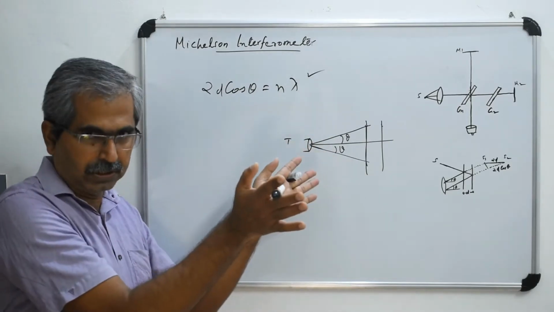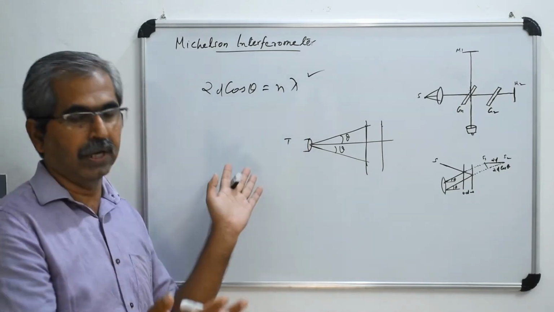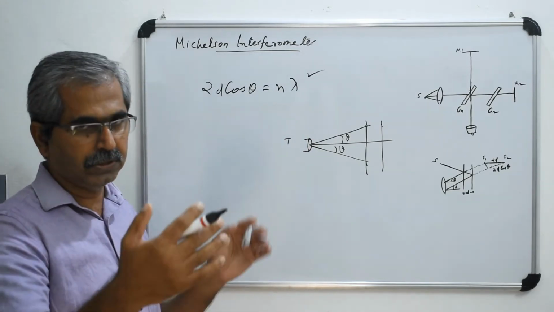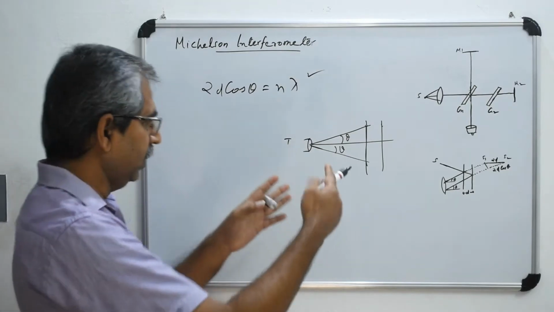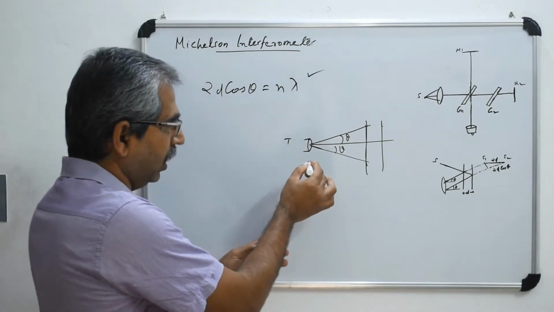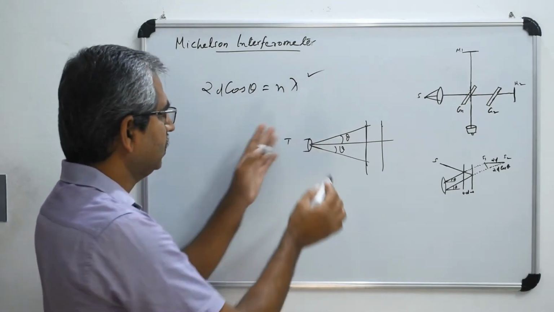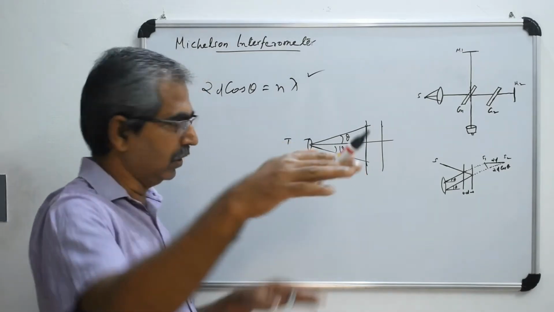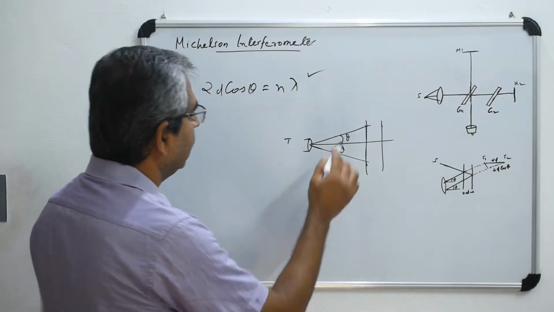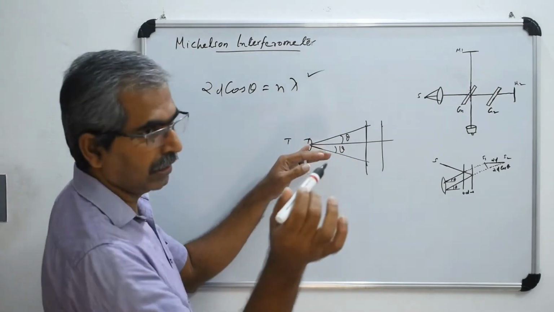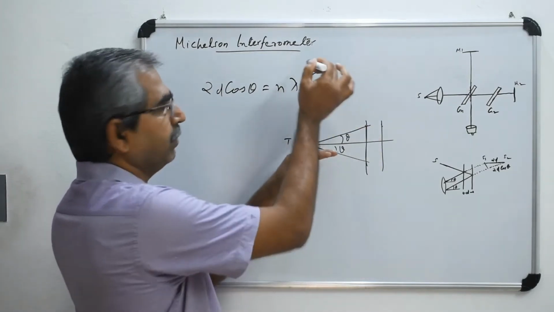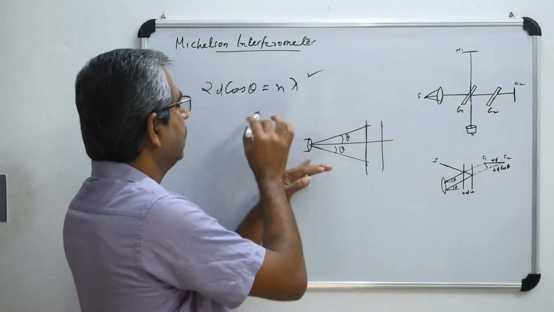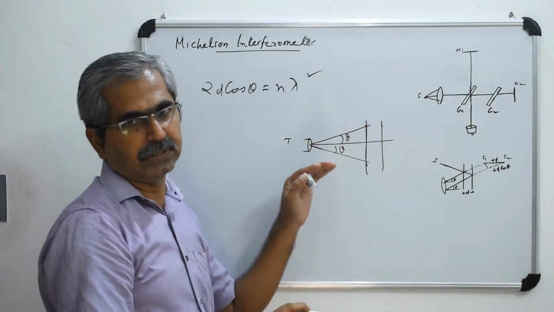And what about looking to the right or left? You are looking at the center. Suppose you are looking in a certain direction at a certain angle theta, and along this direction the condition for destructive interference is satisfied.